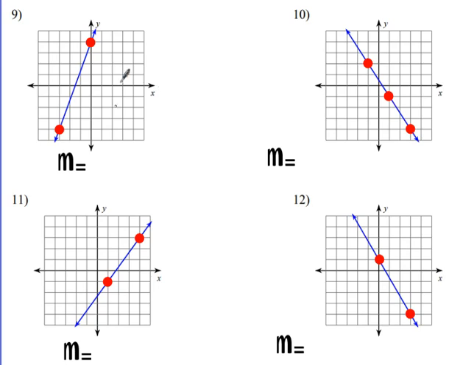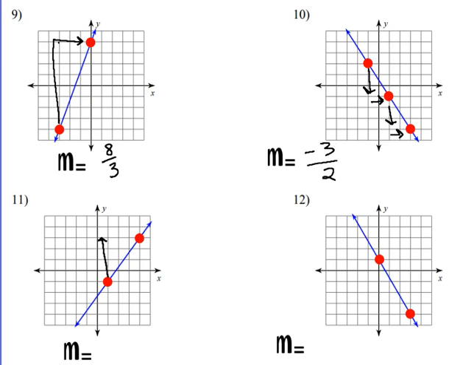Okay, this line goes up 1, 2, 3, 4, 5, 6, 7, 8. This goes up 8 and then over 3, so 8/3. And this line is going down, so down 3 over 2, has a slope of negative 3/2.